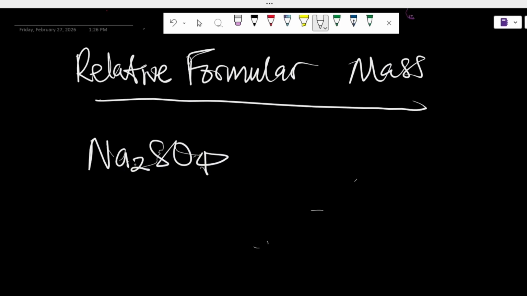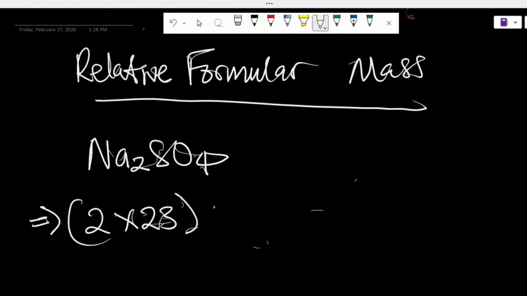So how do you find the relative formula mass of this particular compound? Well, it's simple again. You just follow the same principle which you use when you're trying to find the relative molecular mass. So here we're going to have sodium here is 23. So this is the relative atomic mass for sodium, but we have 2 sodium atoms. So this is going to be 2 multiplied by 23.